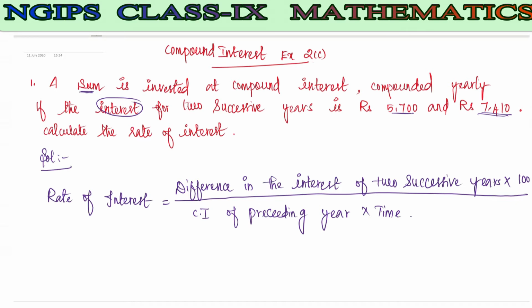Now if you look at the given conditions, the preceding year is nothing but the previous year. Totally we have 2 years, right?